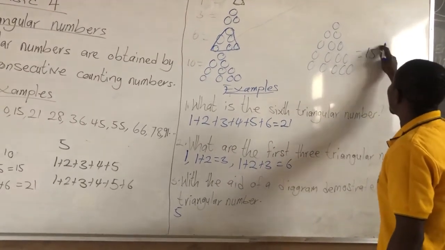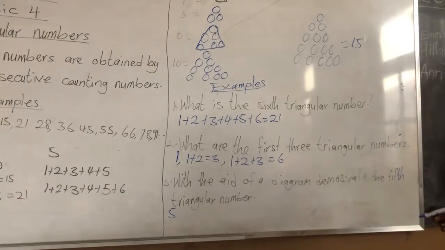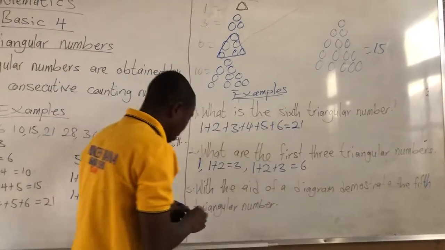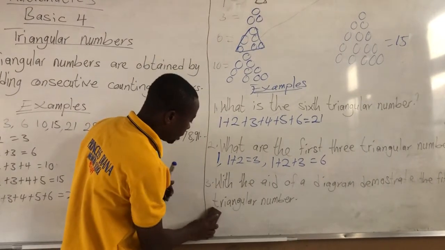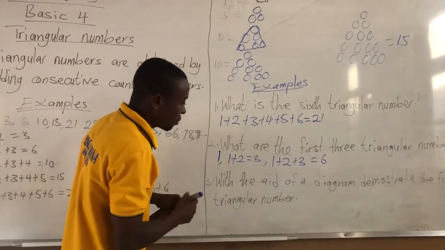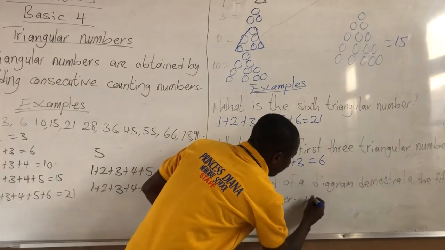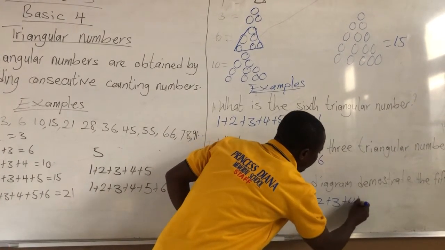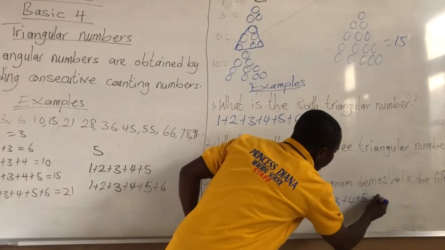So this is what? The fifth triangular number. And to get this one, we can still add counting numbers up to what? 5. So we start from 1 plus 2 plus 3 plus 4 plus 5.